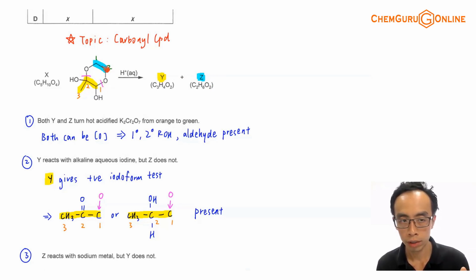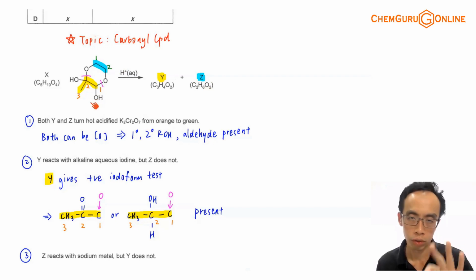So this blue fragment will be compound Z, carrying 2 carbons and 2 oxygens. Later we figure out the functional group: is it an alcohol, is it a carbonyl compound, and so on. Involving Y, you notice I have a 3 carbon compound, which is the yellow one, number 1, 2, 3. Same thing, I'll have 2 oxygens. One is attached to carbon position 1, one is attached to carbon position 2.